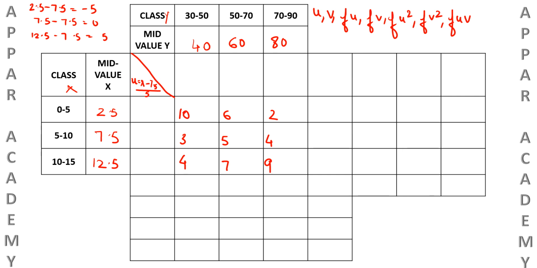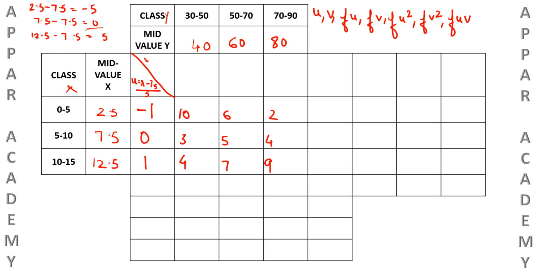Now, 2.5 minus 7.5 upon 5 becomes minus 5 upon 5, that is minus 1. 7.5 minus 7.5 becomes 0, divided by 5 is 0. 12.5 minus 7.5 is 5, divided by 5 becomes 1. So these are our u's.